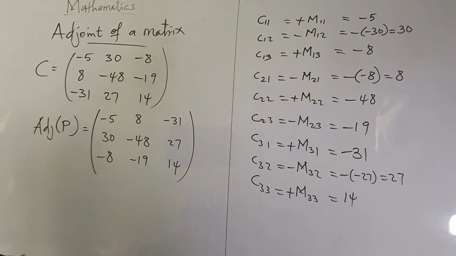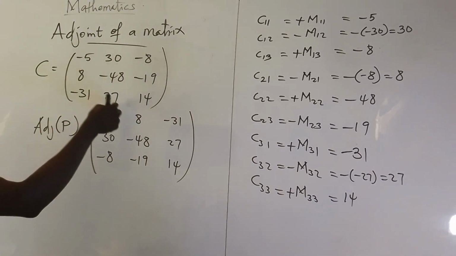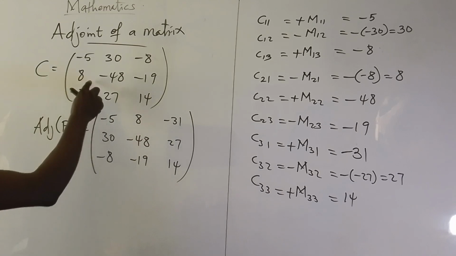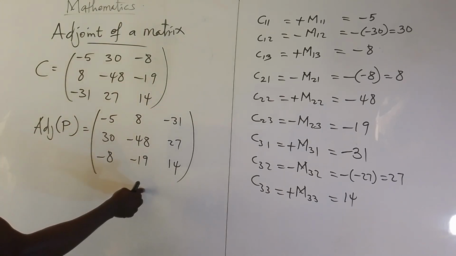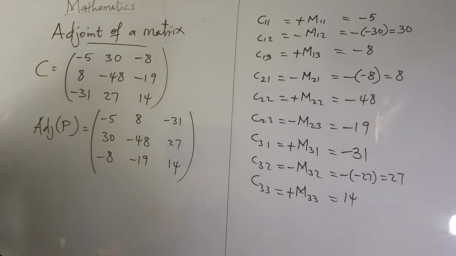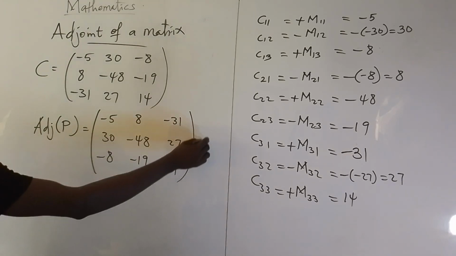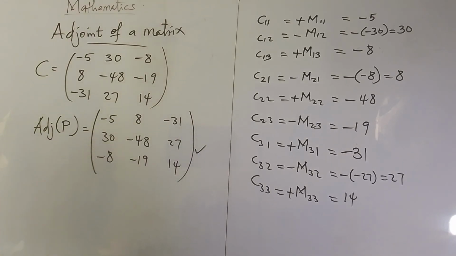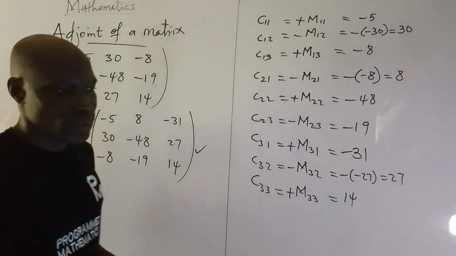So the first row will become the first column, the second row becomes the second column, the third row becomes the third column. So in this case, the adjoint of the matrix is this. Okay, so this is how the adjoint of a matrix is obtained.